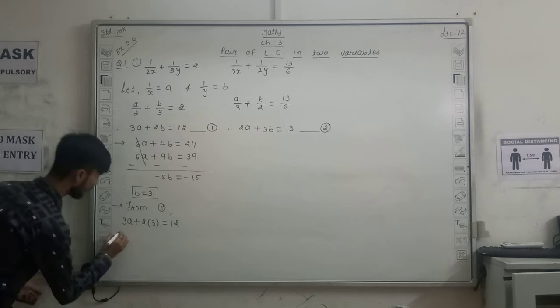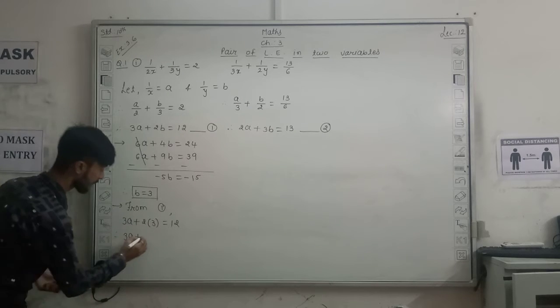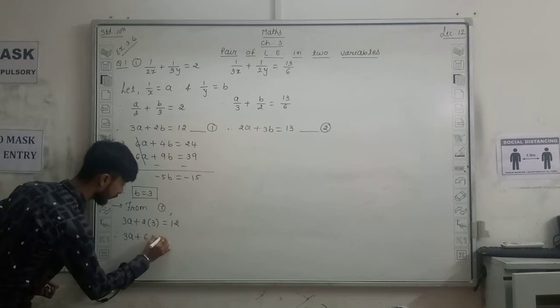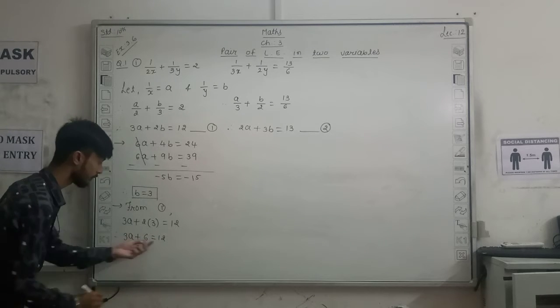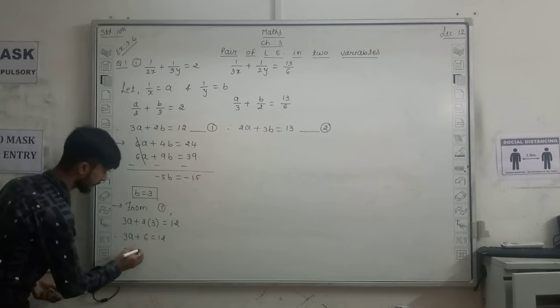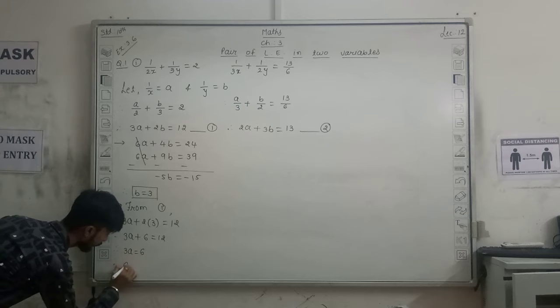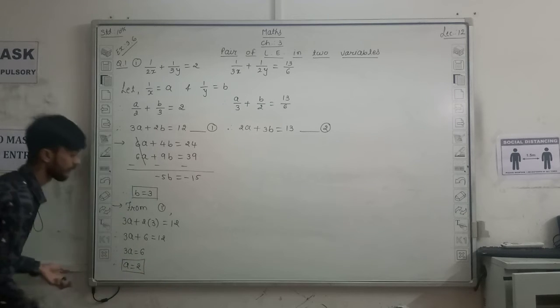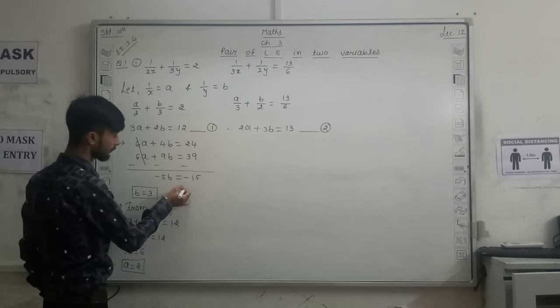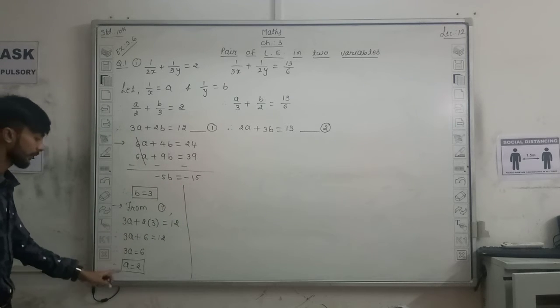Now 3a plus 2 3s are 6, equals 12. Therefore 3a equals 12 minus 6, which is 6, and therefore a equals 6 by 3, that is 2. Right? So here the value of b is 3 and a is 2.